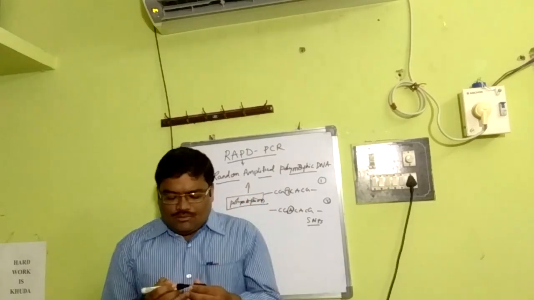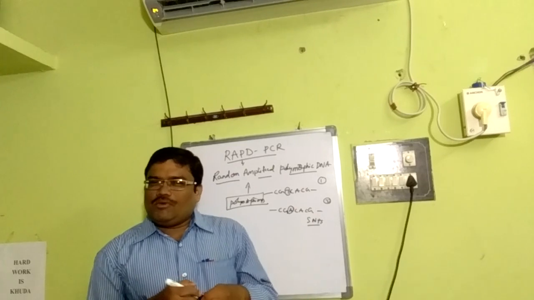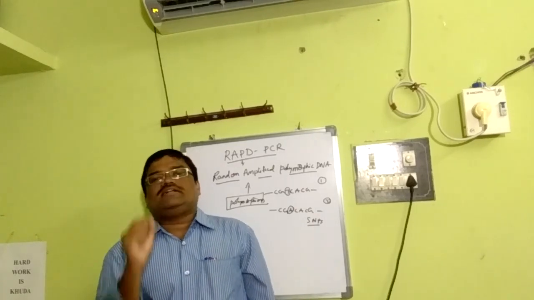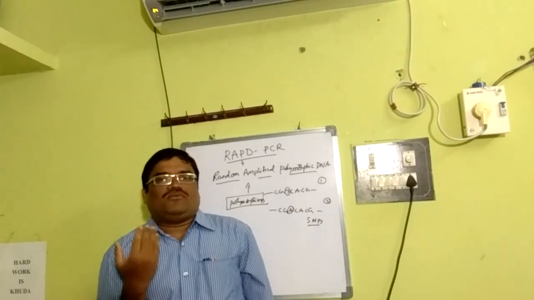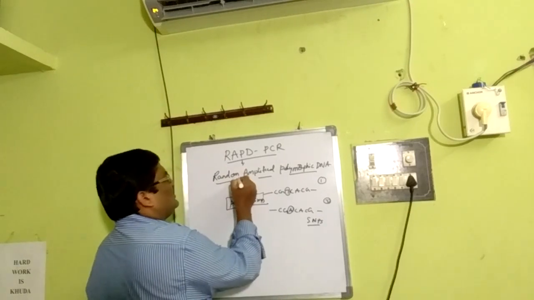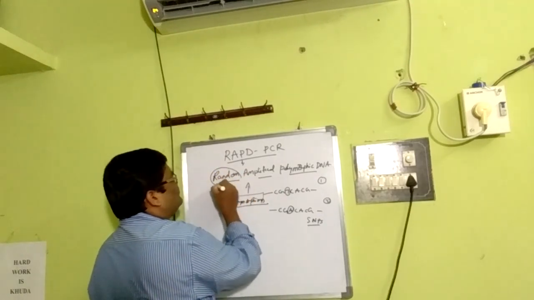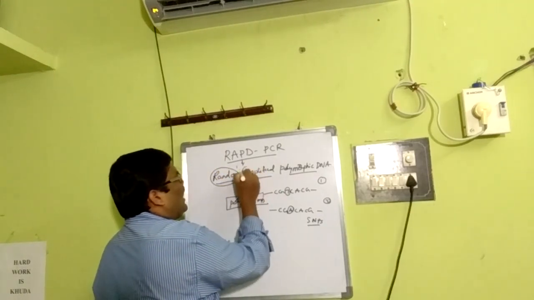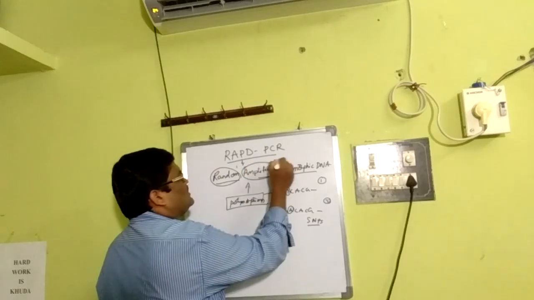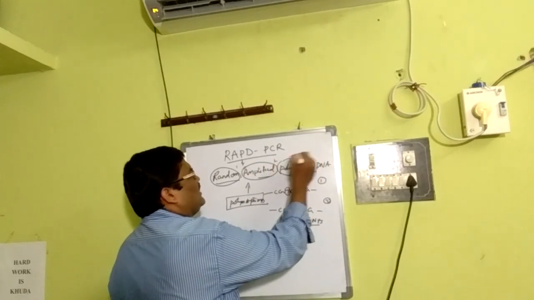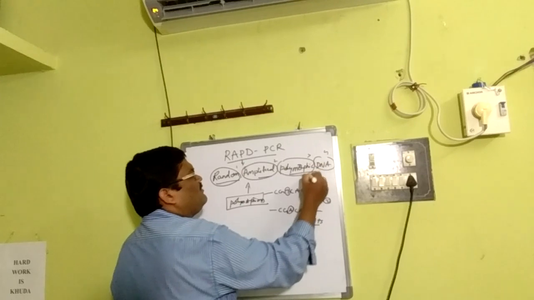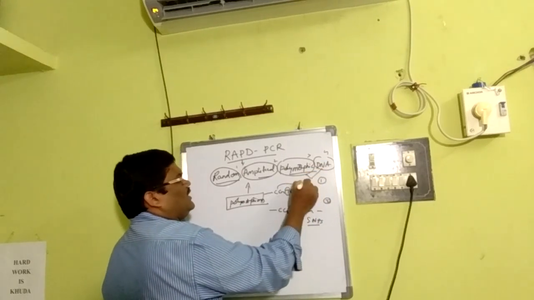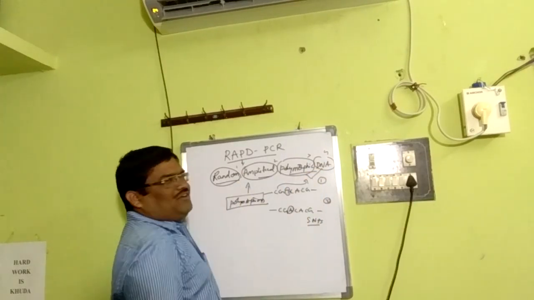Then the most important point: before we go into the topic, we have to understand the technical terms so that we can understand the concept well. There are three words: random, amplified, and polymorphic DNA. We have discussed polymorphic DNA. And what is random amplified?